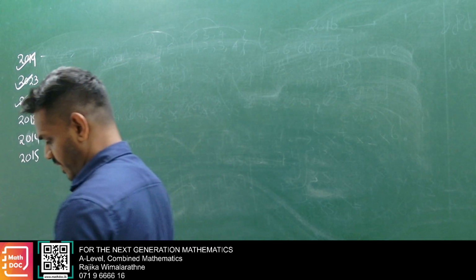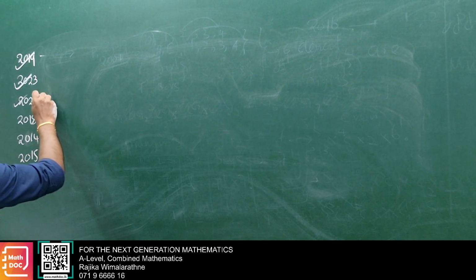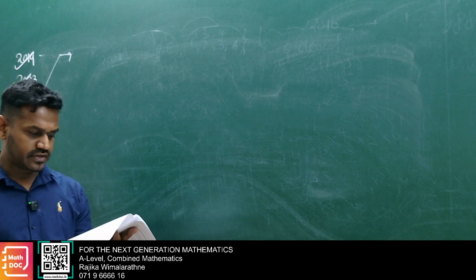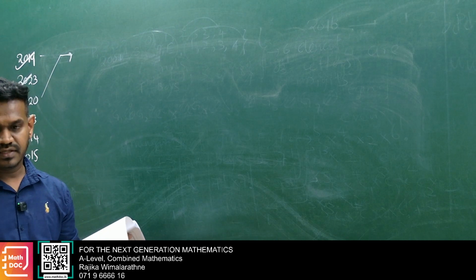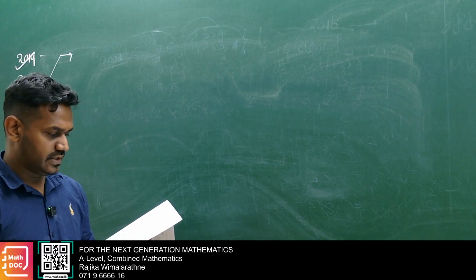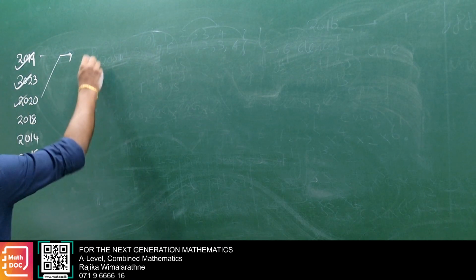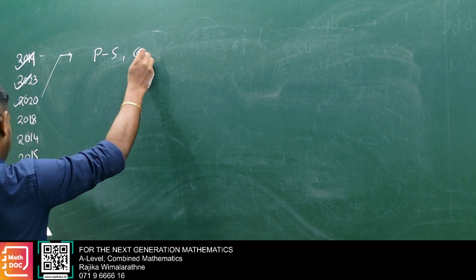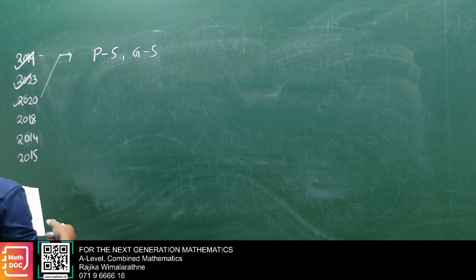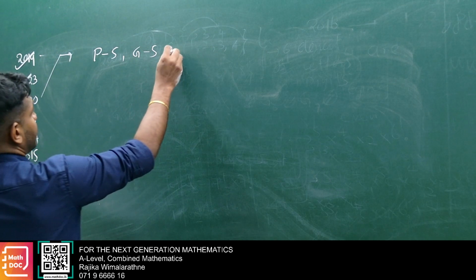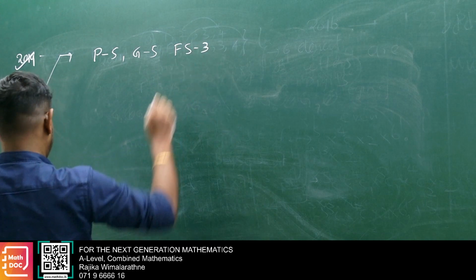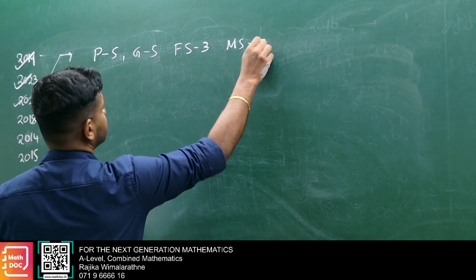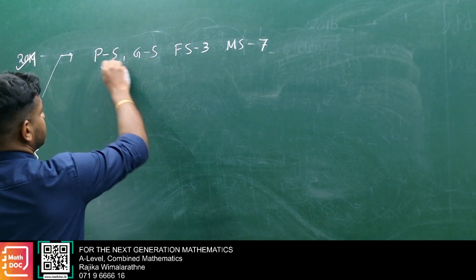2020. It is required to select a musical group consisting of 11 members from among 5 pianists, 5 guitarists, 3 female singers, and 7 male singers. So you have to select 11.